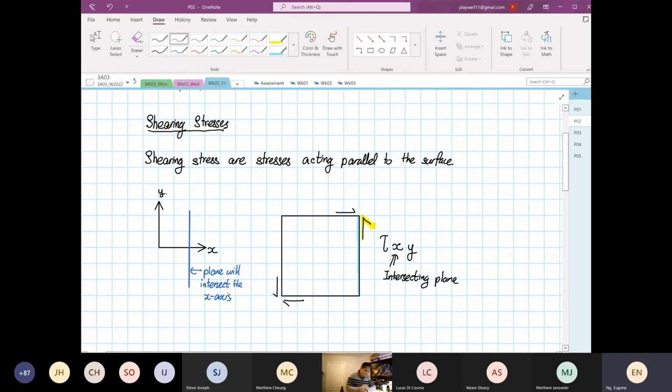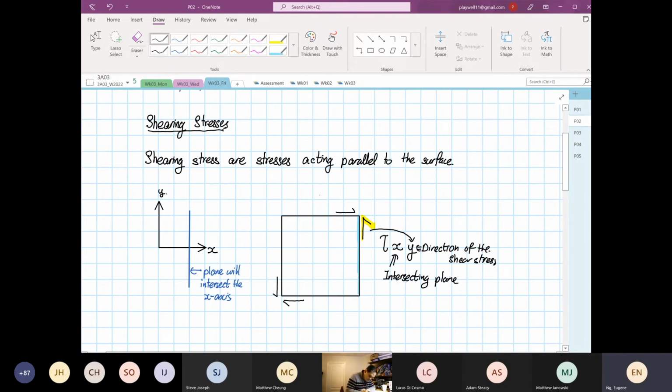The Y over here is related to the direction of the shear force or shear stress. So this arrow is shear XY.